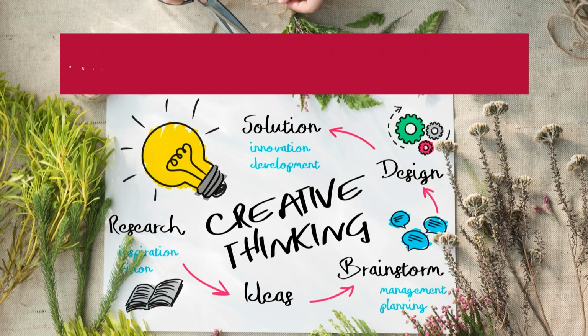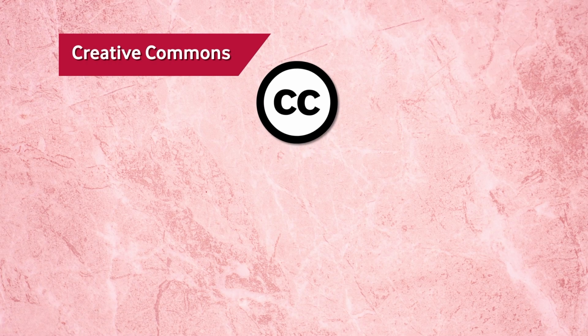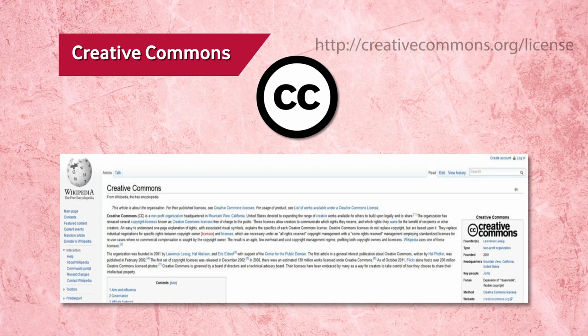It is a user-friendly licensing for digital material, or otherwise non-digital material, which will be declared as open educational resources. The website is http://creativecommons.org/licensing, where all the Creative Commons licenses are available for use.